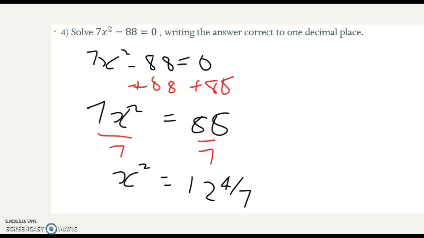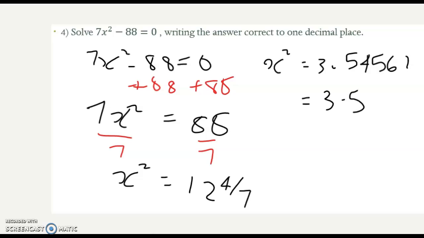Now at this point, we get x squared equals 3.54562. We want to write that correct to one decimal place. So cutting it off after the 5 gives us 3.5. The next number is less than 5, so we want to cut it off.